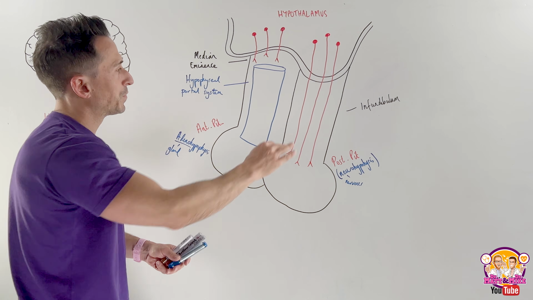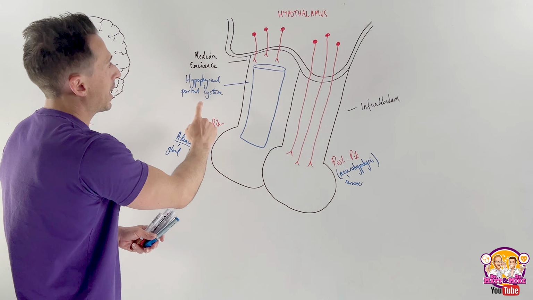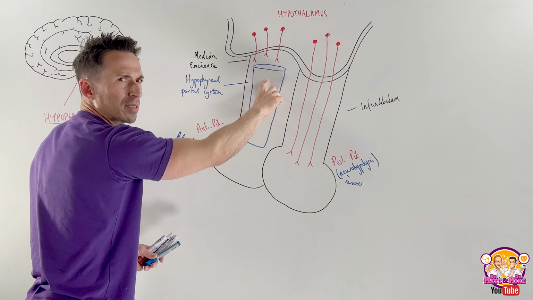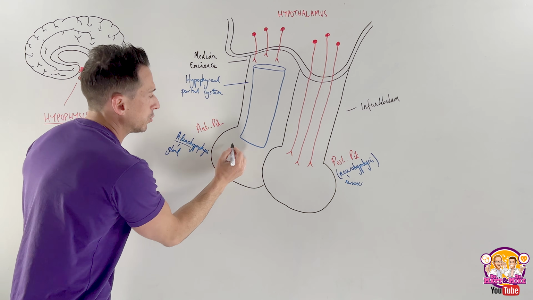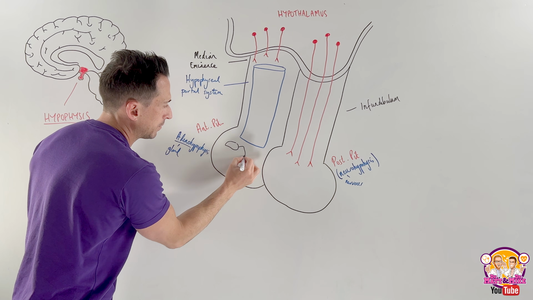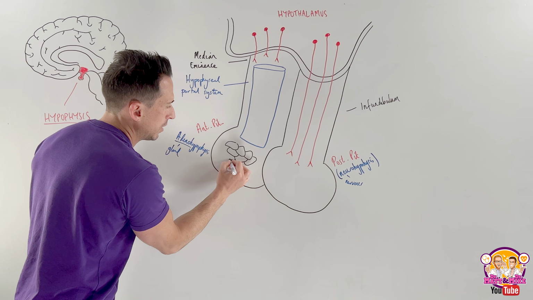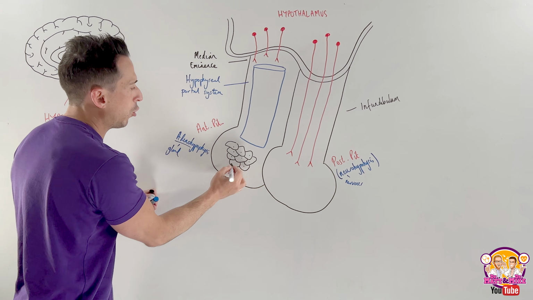See the difference? Posterior is all nervous tissue, and anterior has nervous to a blood supply, and then where does it go to here? To more tissue. So we're going to have cells here which make up endocrine tissue because these cells produce and release their own hormones.